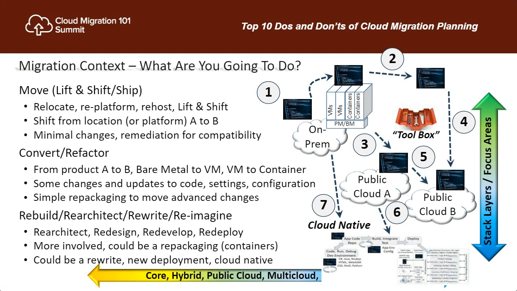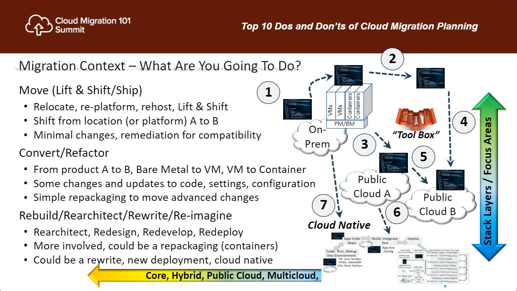In other words, go to cloud native, where there's those things that start with R. A lot of different work being done. It's much more involved. It could be more than just simply moving existing workloads from a virtual machine into a container. It could be that complete rewrite, that new deployment of going into a cloud native type environment.